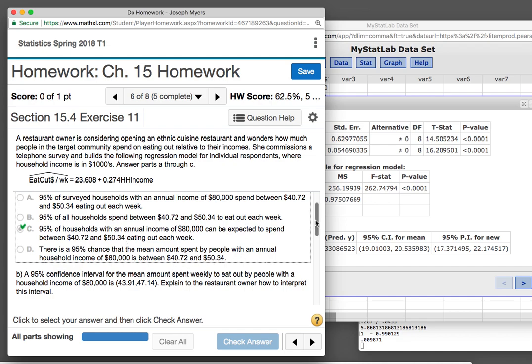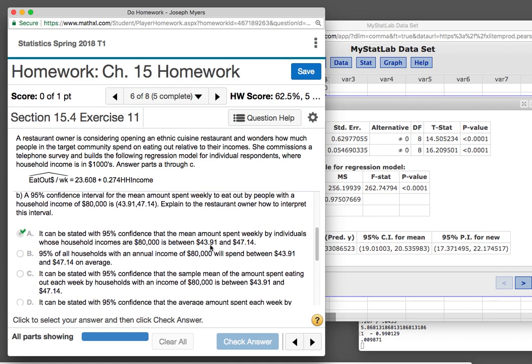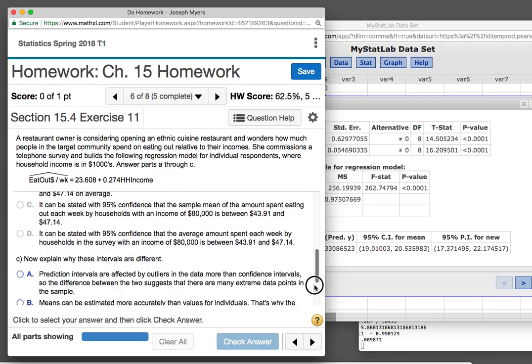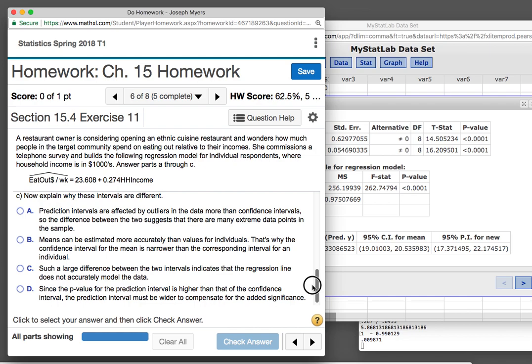So individual households can be very different from each other, but if you average them out, the range will become a lot narrower. So means can be estimated more accurately than the values for individuals. So that range predicted for the average of all the households is narrower.